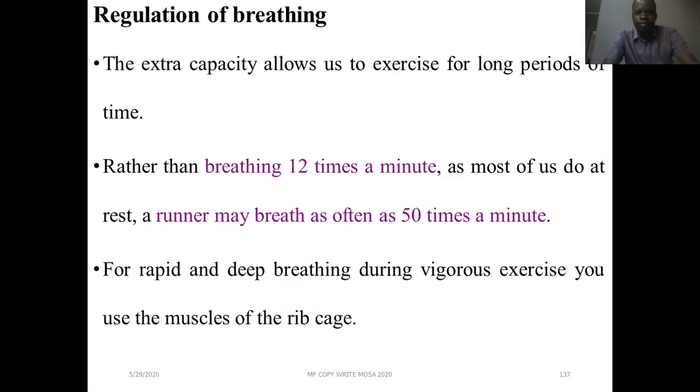For rapid and deep breathing during vigorous exercise, you can use the muscles of the rib cage, which we showed earlier when I was discussing structures associated with the breathing mechanisms.